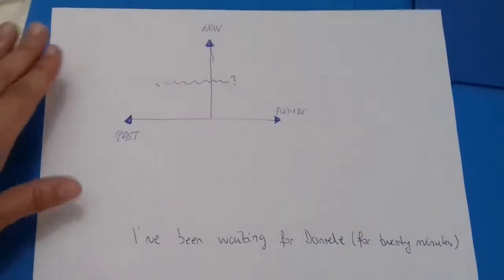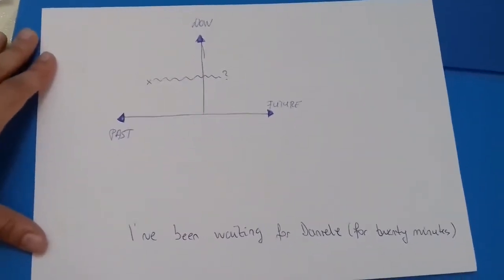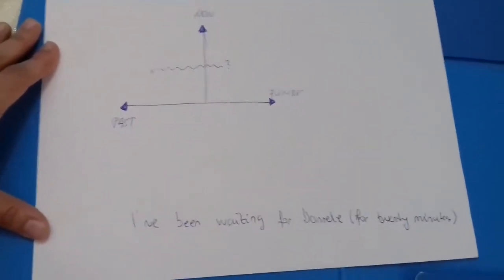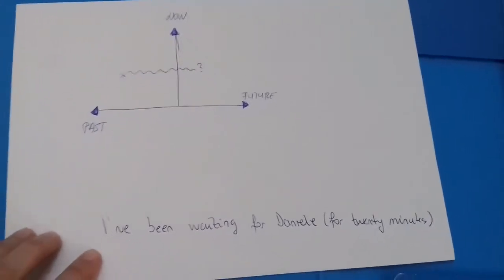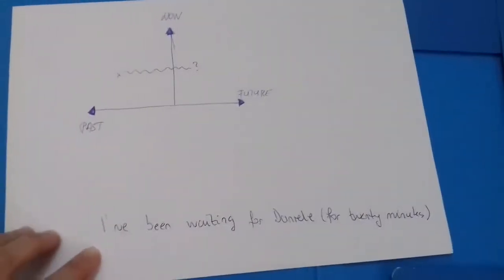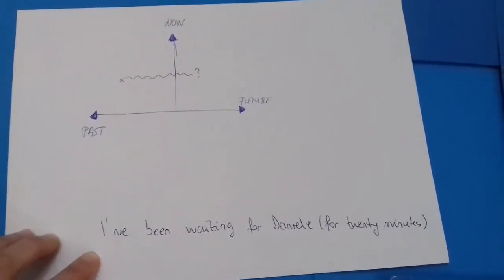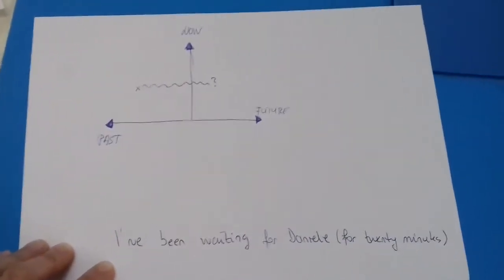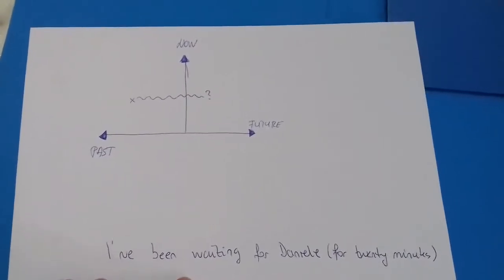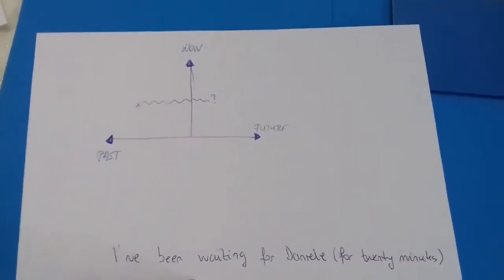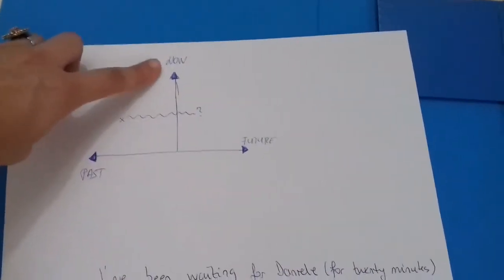We have here a timeline for the present perfect continuous tense. And we have an example. I've been waiting for Danielle for 20 minutes. What does this mean? Did the waiting start now?